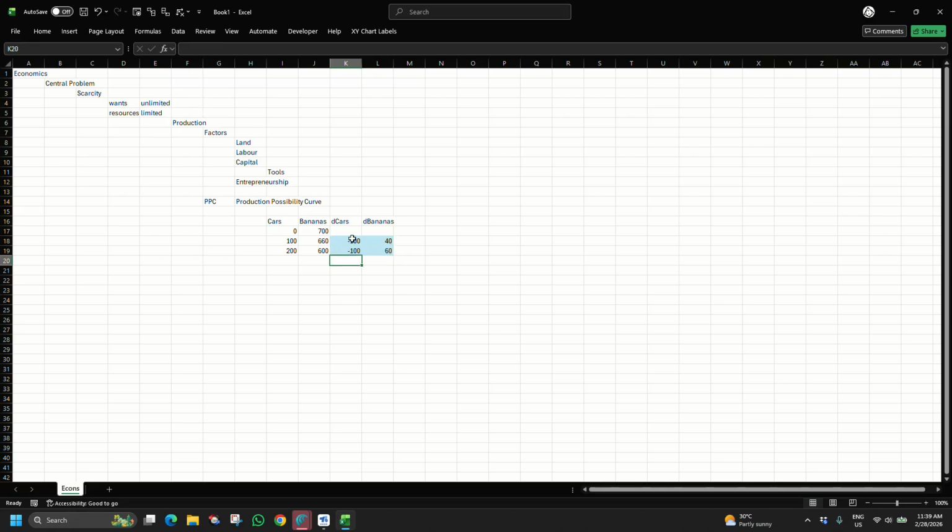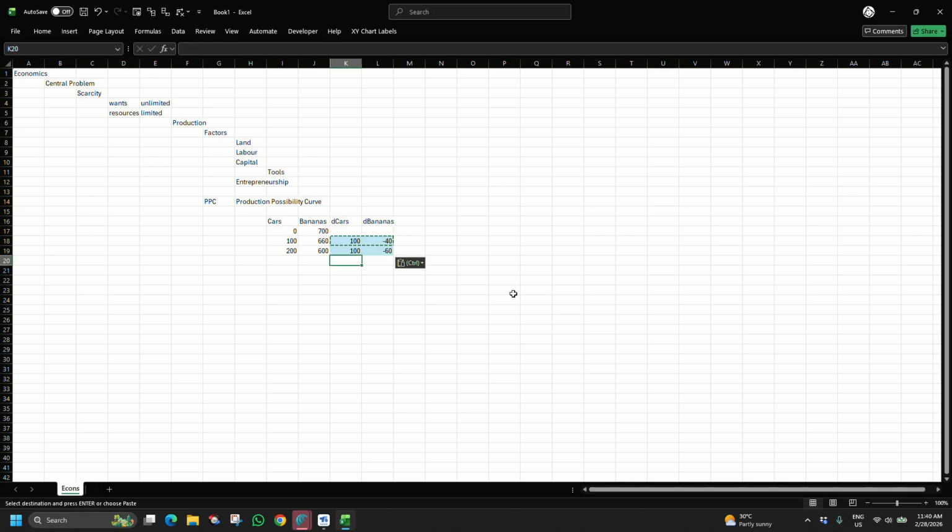Okay, so now we have to forgo, to make another 100 cars. Oh, sorry. This one should be equal to this minus this, right? So you get 100 cars, you have to do equals this minus this. You have to lose 40 bananas.